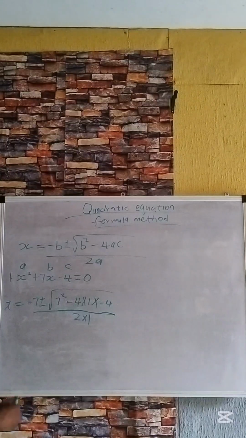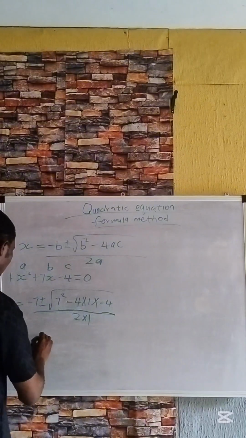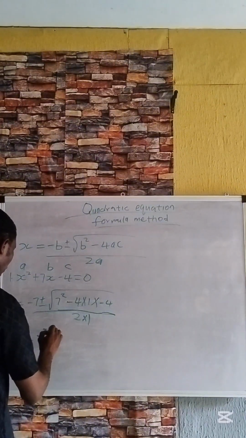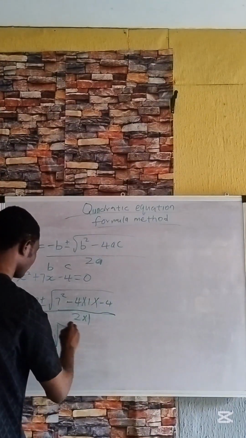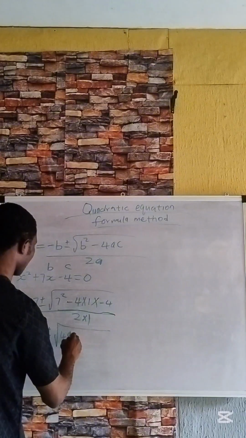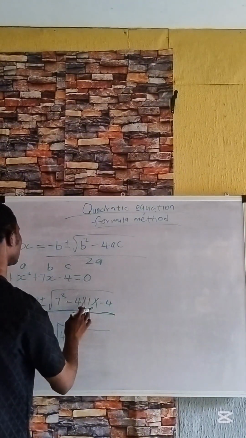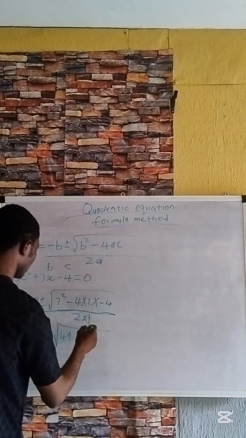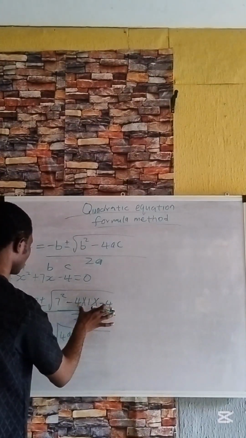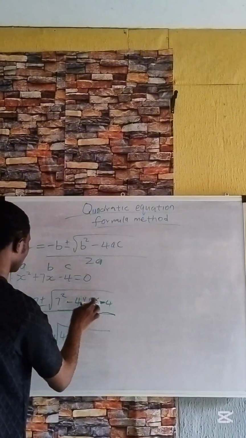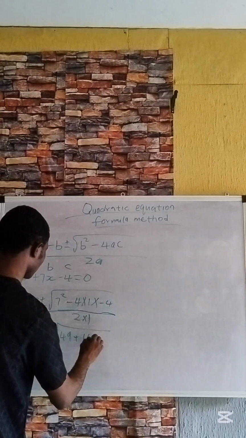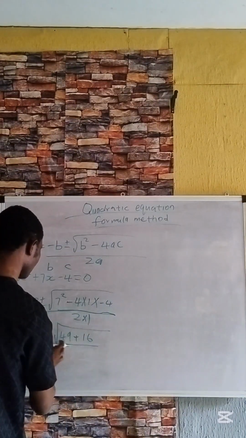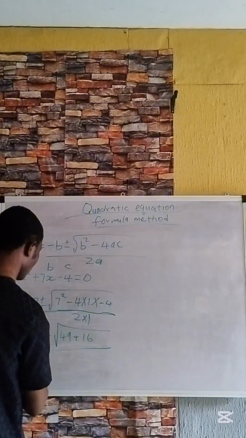Now let's solve for it. x will now be equal to negative 7 plus or minus. Let's work out the square root. 7 squared is 49. 4 times 1 is 4, times minus 4 is minus 16. Minus times minus gives plus 16, over 2.